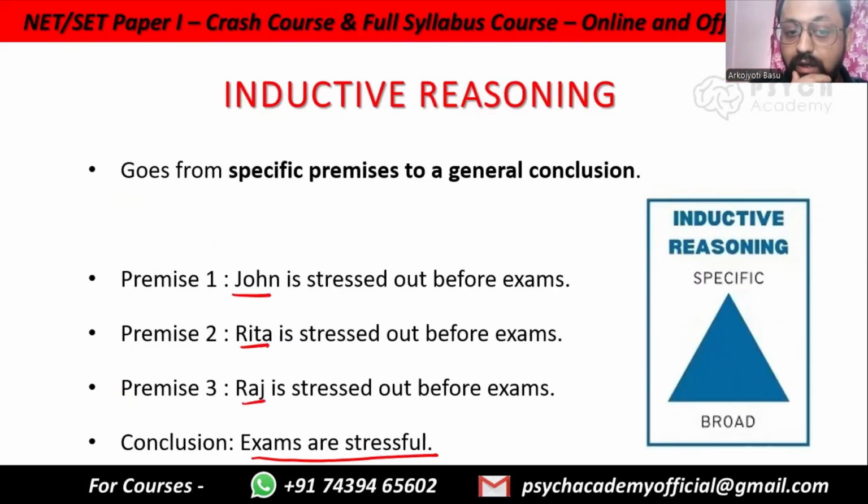But out here, John stressed, Rita stressed, Raj stressed, it is entirely possible that these three happen to be more stressed out in general, or these three have not studied or are not good in their particular subject. Because we do not have information about the entire group, about all instances like we have in deductive reasoning. So deductive reasoning guarantees a true conclusion as long as the premises are true and reasoning is valid.